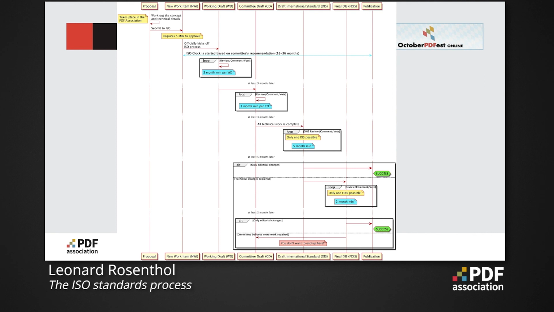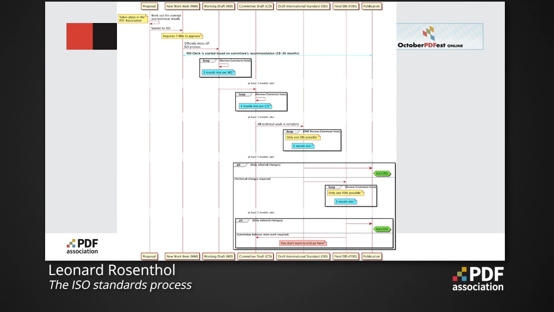As I mentioned, we've got a bunch of new ideas floating around, so we're incubating them here in the association. When we feel that we've taken something far enough in the association, then we'll submit it to the ISO. A good example of this is PDF-R, as it's now called, which was originally called PDF raster.